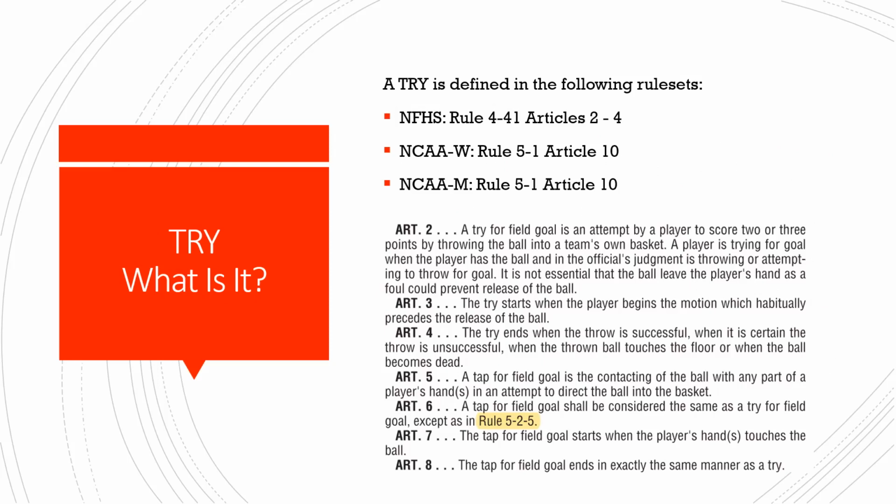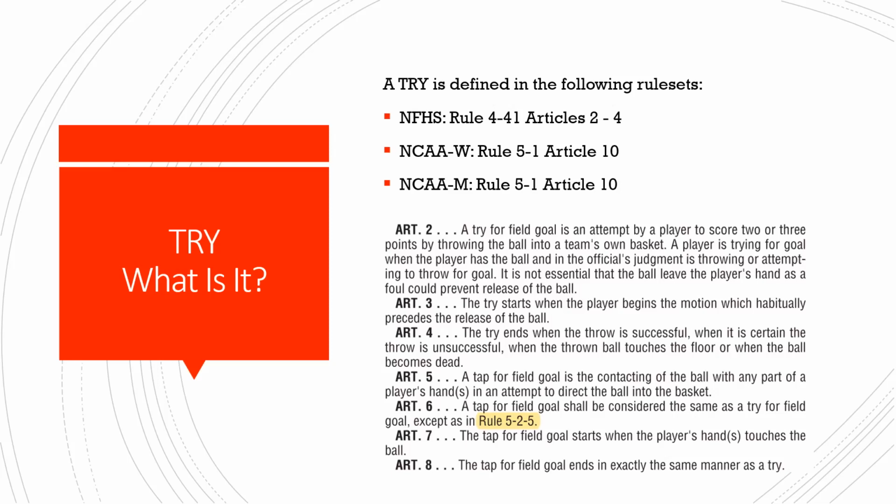So what is a try, you ask? It's defined in the following rule sets. National Federation, Rule 4-41, Articles 2 through 4. NCAA Women, Rule 5-1, Article 10, and it is the same for NCAA Men.